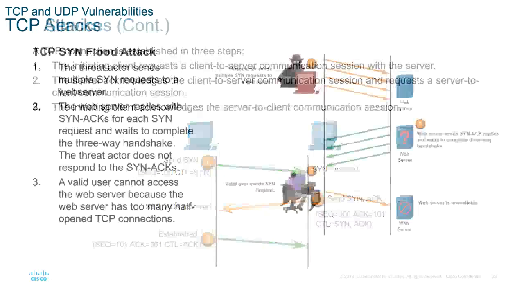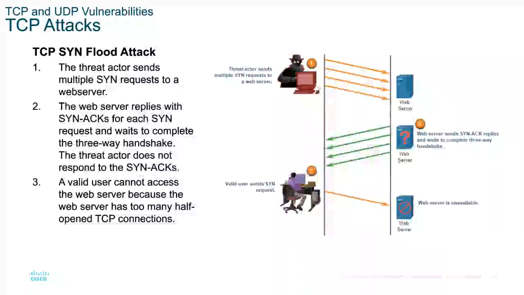Now, what we can do is flood the system with these SYN requests, and in this example, the web server will send synchronization acknowledgements waiting for the three-way handshake to be finalized.